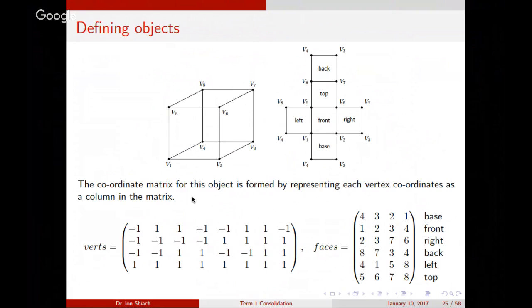It's quite difficult to actually draw 3D objects in 2D, so I try my best. The cube has 8 corners, so we have 8 vertices, which I've labelled B1 through to B8. Of course, a cube has 6 sides, so we have 6 faces. So, 8 vertices and 6 faces.